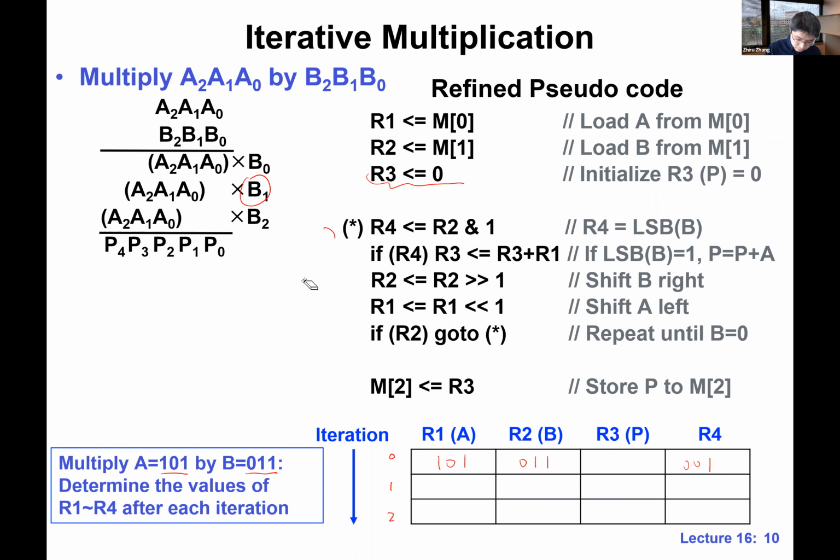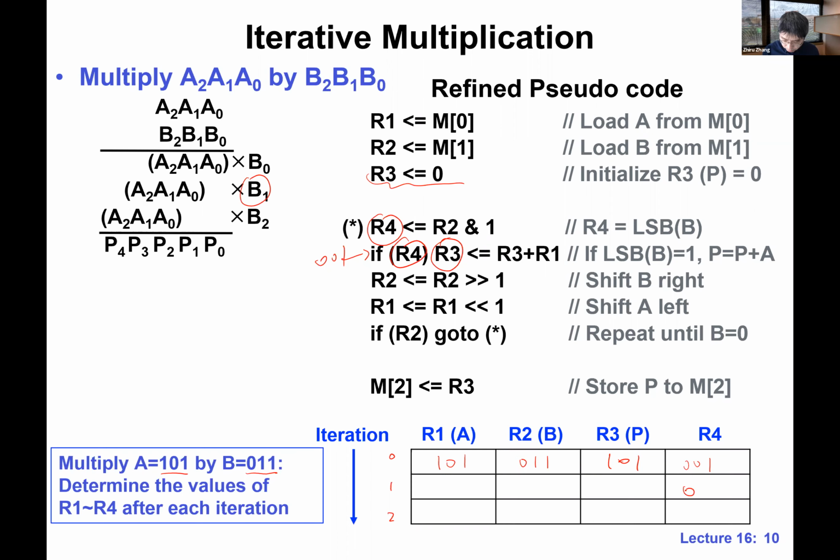After we execute, we got R4, which is 001. Let's update R3 in the very first row, iteration 0. R3 should be the same as A. Agree? In iteration 0, R3 is already updated. Let's say it's already added, otherwise I'm going to run out of rows.